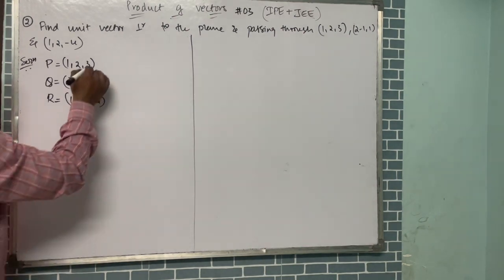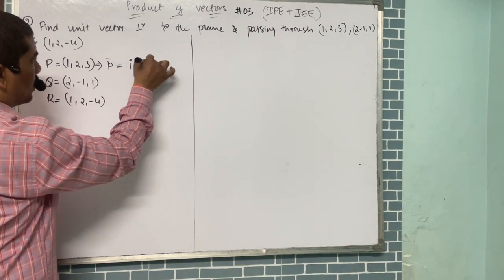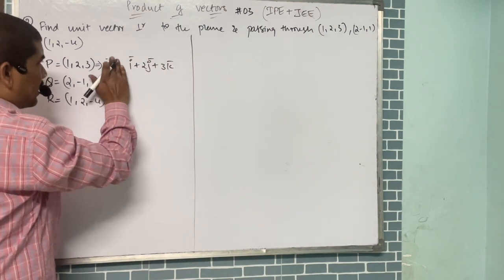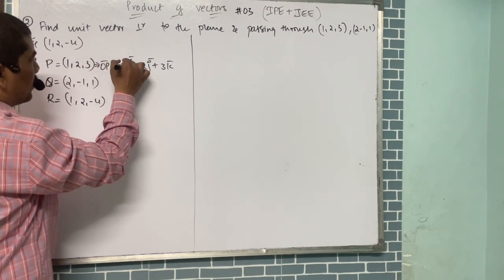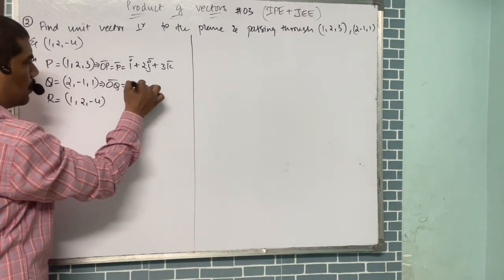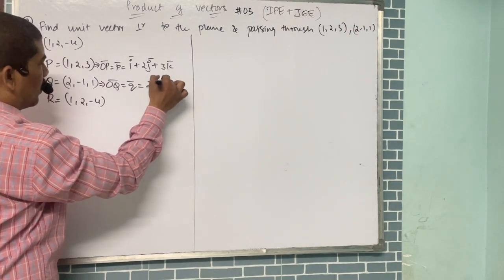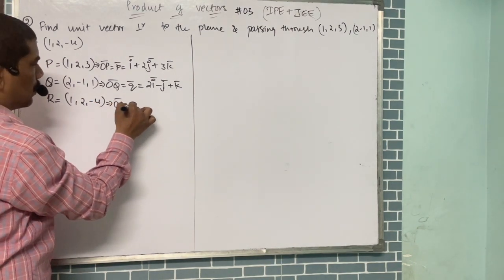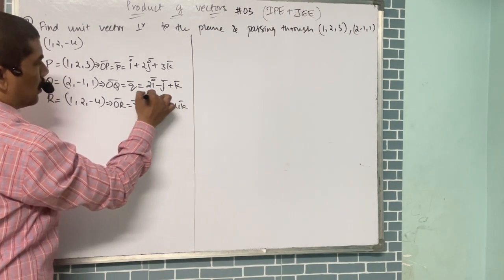Then we should find out vector P, that is nothing but i plus 2j plus 3k. I said you already, in your book they will write like this: OP is equal to vector P, OQ is equal to vector Q, 2i minus j plus k, OR is equal to R, i plus 2j minus 4k.